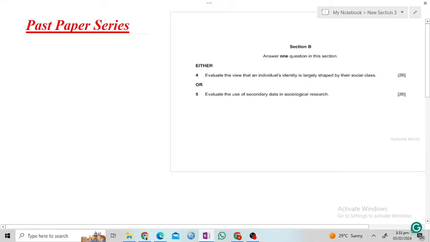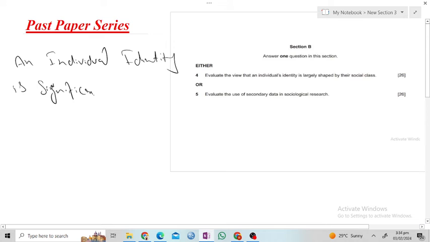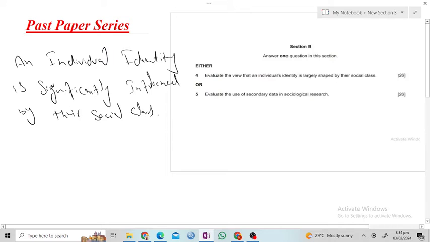The question is: evaluate the view that individual identity is largely shaped by social class. So, an individual's identity is significantly influenced by their social class.